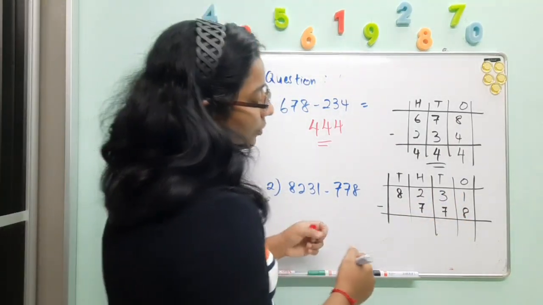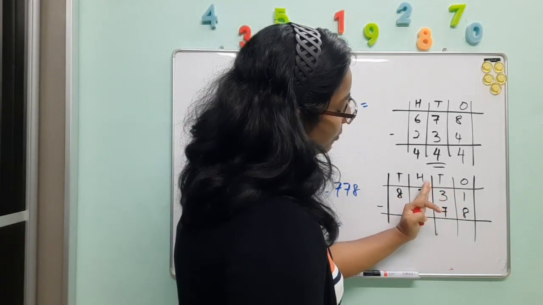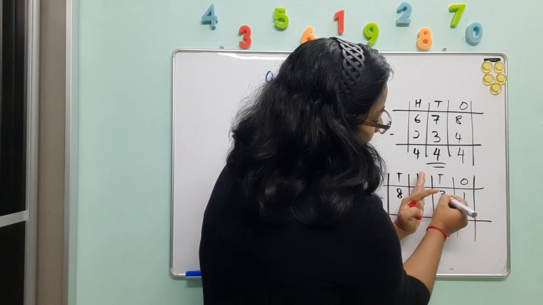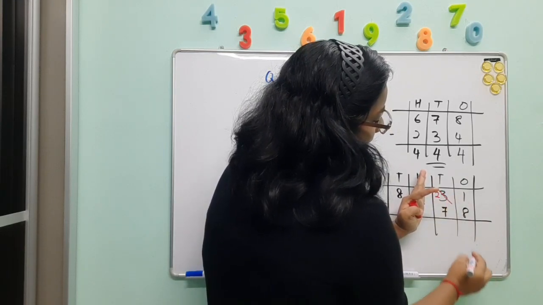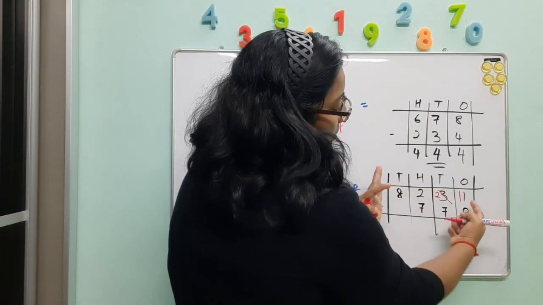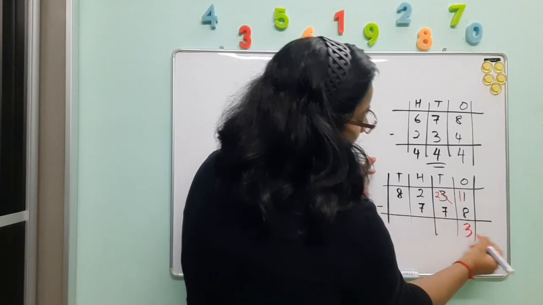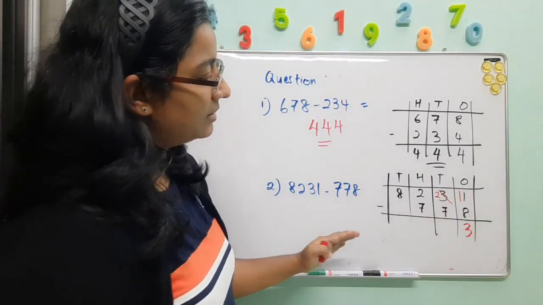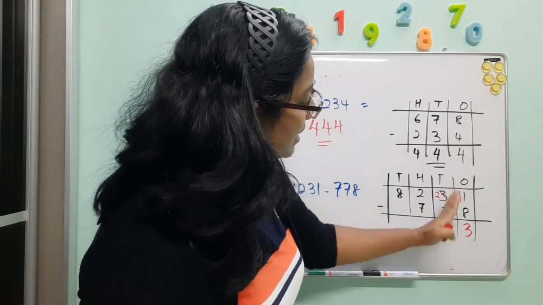Therefore, we're going to borrow from the neighbor place value, which is 3, it becomes 2, and this becomes 11. So 11 minus 8 is 3. Okay, so this column we are done. Let's move on.